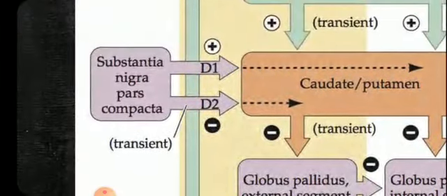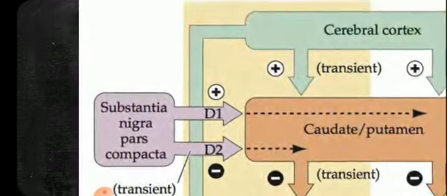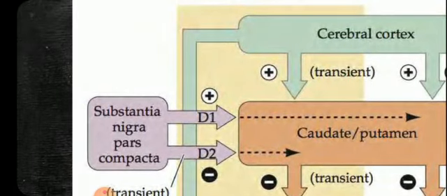So the fibers coming from substantia nigra, which are the dopaminergic fibers, end on both the direct pathway and the indirect pathway at the striatum. But what the difference here is, in the substantia nigrostriatal connection, the neurotransmitter released at both the direct pathway and the indirect pathway is dopamine.